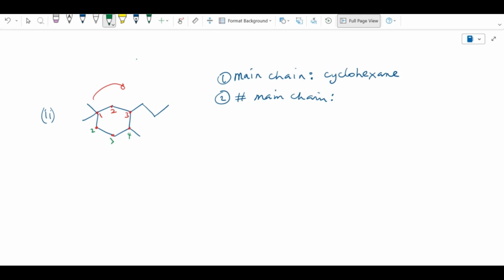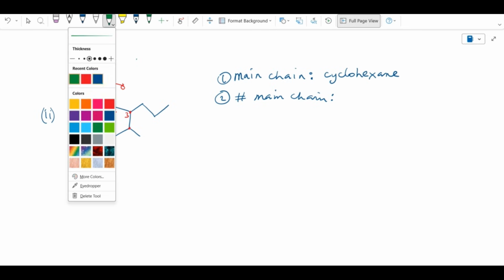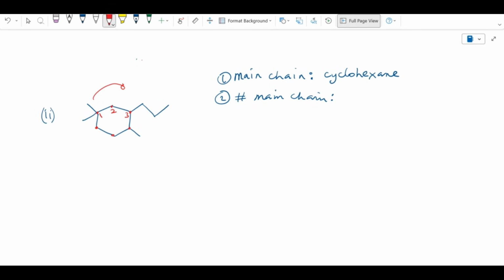Again, we want to achieve the lowest numbering possible. So 3 is lower than 4. Therefore, we will number in a clockwise fashion. So 1, 2, 3, 4. I don't have to go all the way to 6. I can just stop here. So now that we've numbered the main chain, the next step would then be to list the substituents.